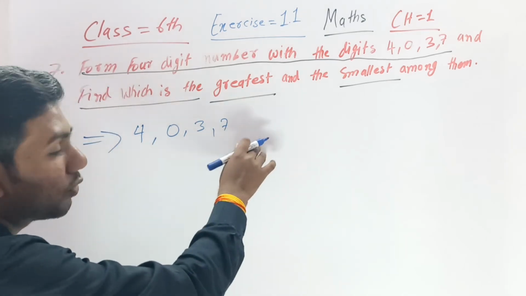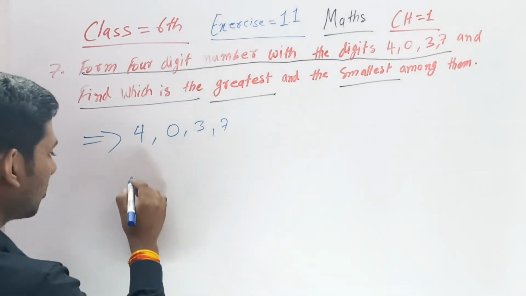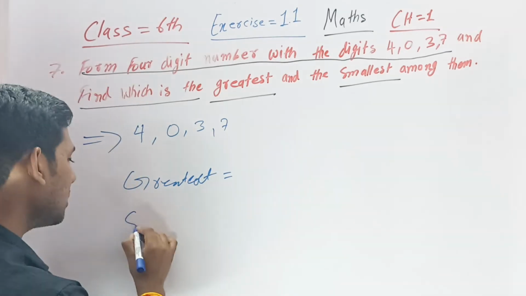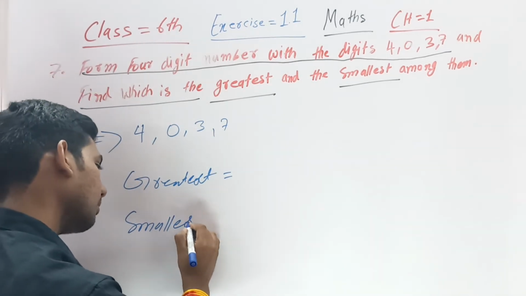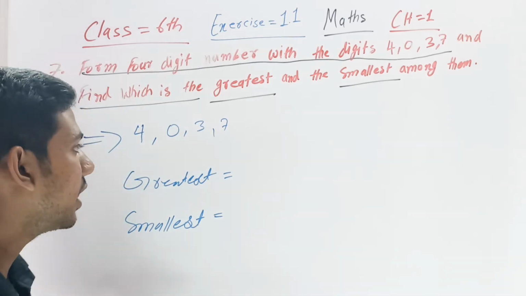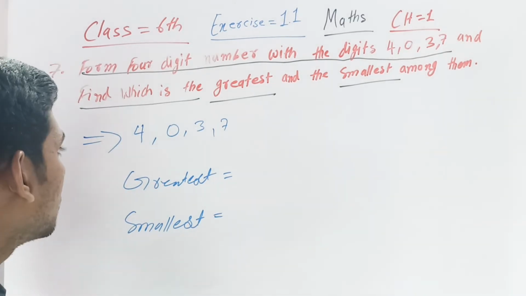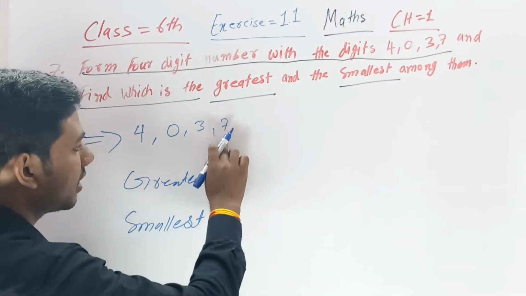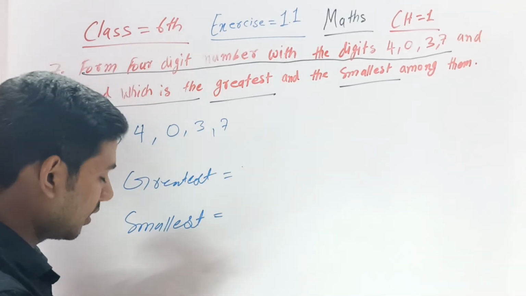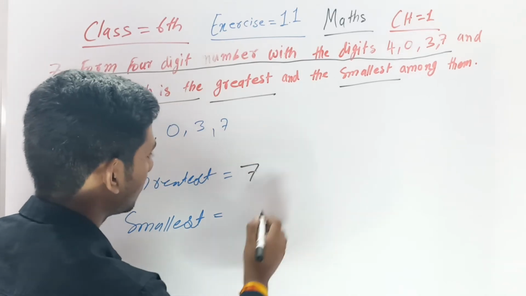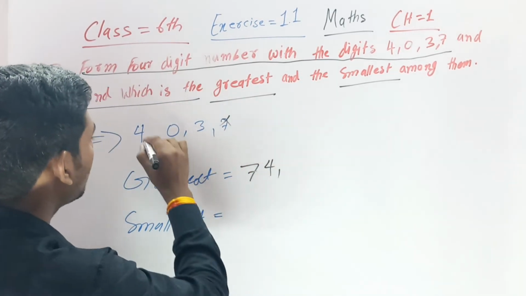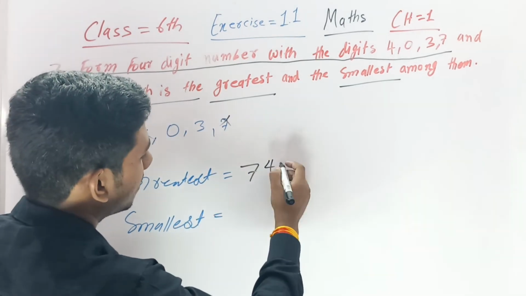Using these 4 digits, 4037, we have to make a greatest number and a smallest number. First I make the greatest number. In these 4 digits, which is the greatest? 7. Write 7. After that 7, which is greater? 4. Write 4. After that 4, which is greater? 3. Write 3.